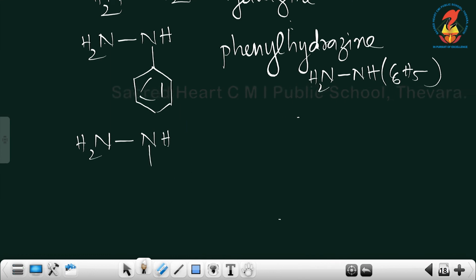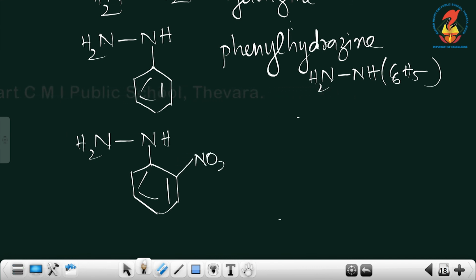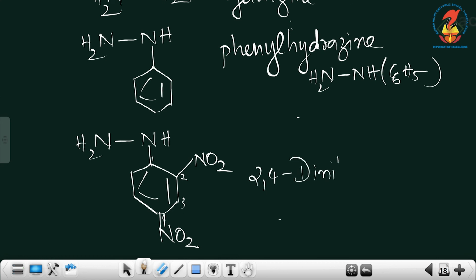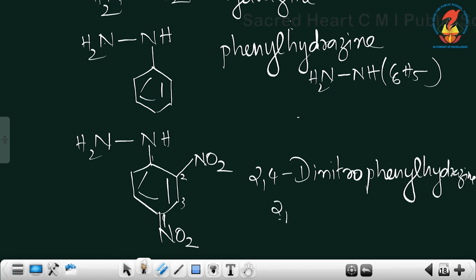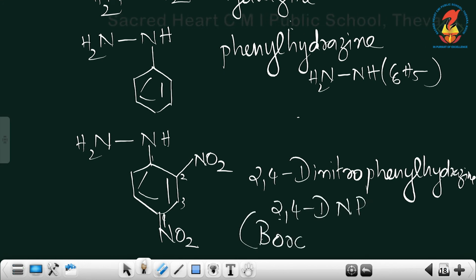Next reagent, from hydrazine, that is NH2NH2. If I am replacing one hydrogen by a benzene ring, what do we call it? Phenylhydrazine, isn't it? In phenylhydrazine, if I am giving two nitro groups at the 2nd and 4th positions, we call it 2,4-dinitrophenylhydrazine, or we can write it as 2,4-DNP, or it is called Brady's reagent.